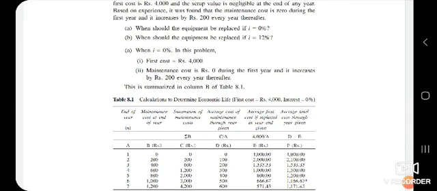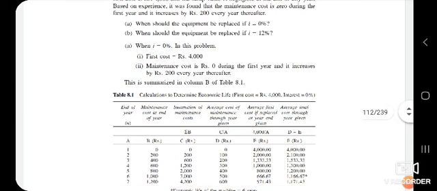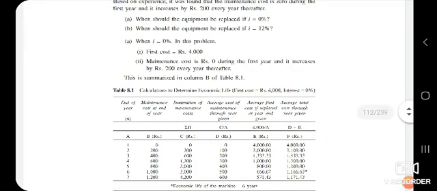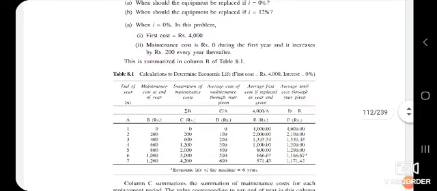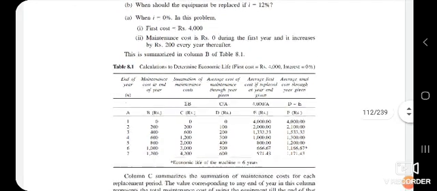And the average first cost if replaced at year end given is 4,000, right? So finally the average total cost through year given will be 4,000 plus the average cost of the maintenance through year given, that is 0, so 4,000.